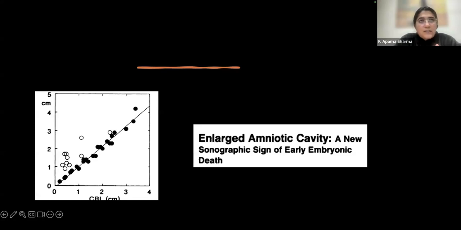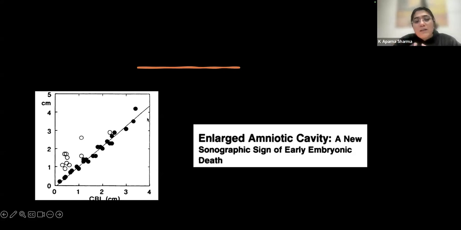So very nicely put. This is something that we see, and sometimes we feel that it has not fused with the chorion, and there is a floating membrane that we see, and we are quite worried about it. But like you said, the fusion happens around 14 to 16 weeks, so we should not worry about it. Interestingly, the size of the amniotic sac corresponds to the length of the CRL in a normal pregnancy.